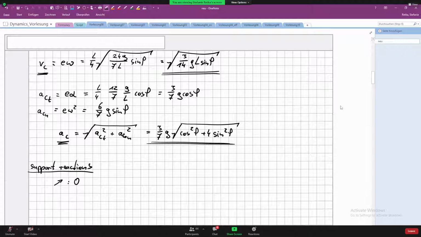We have 0 is equal to dN minus the inertial force in normal direction minus the component of gravity, mg sine phi. And again, we can substitute for E, L over 4, and we can substitute omega square.